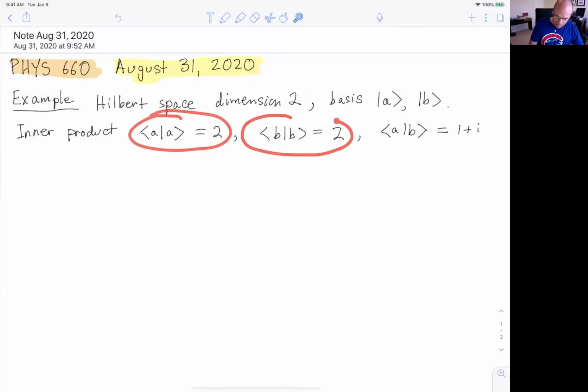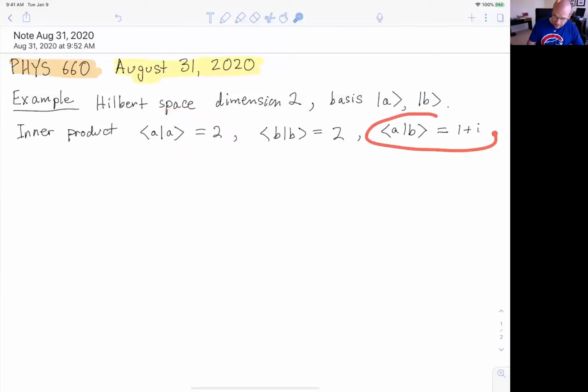So those had to be real, but this is the inner product of 2 different things, so it can be complex. And in my example, I've chosen it to be complex. Then I don't have to tell you this, because it follows from what I already have told you, that if I take the inner product of B with A, that has to be the complex conjugate of A with B. So that must be 1 minus i.